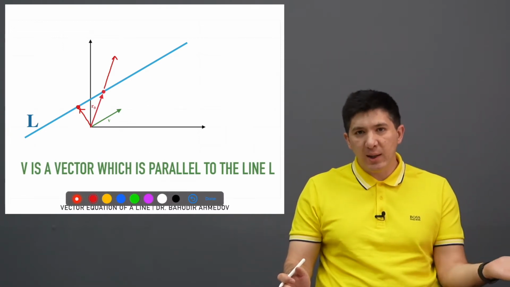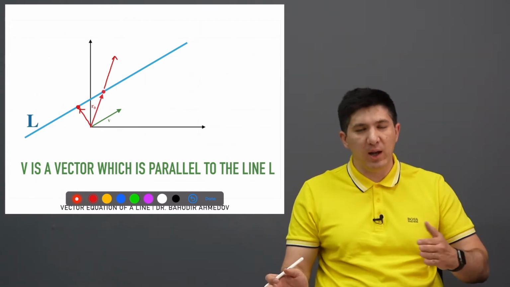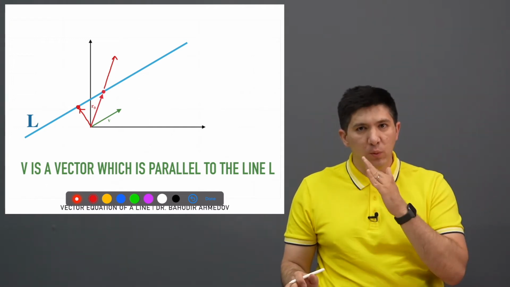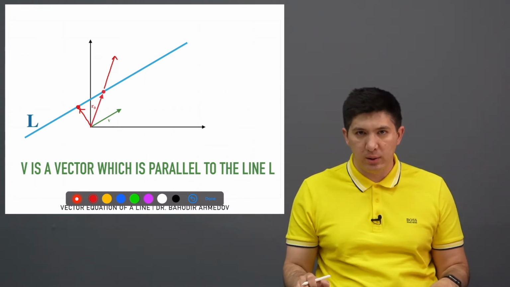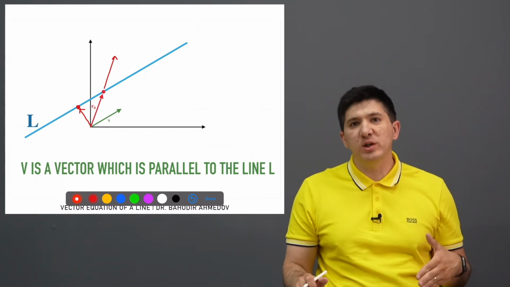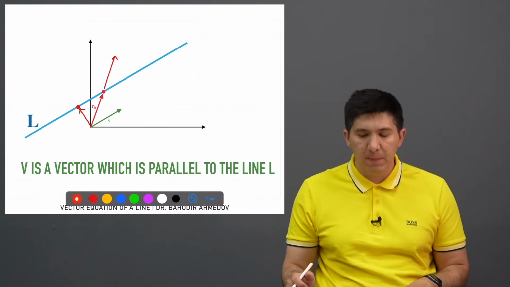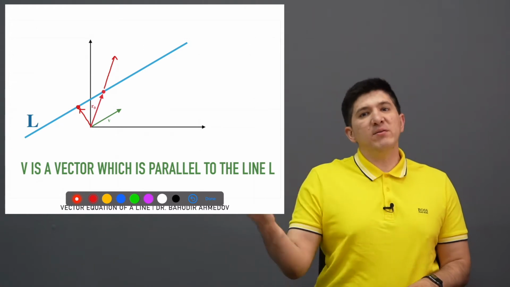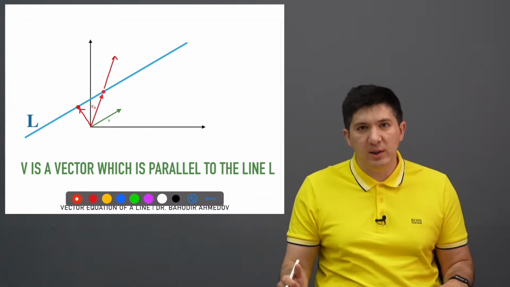So how can we get the points using this v vector and r0 vector? You are given two vectors: the r0 vector, which points to some point along this line, and the v vector, which is any vector parallel to this line. If you add these two vectors, you get another vector which points to a point along this line again.